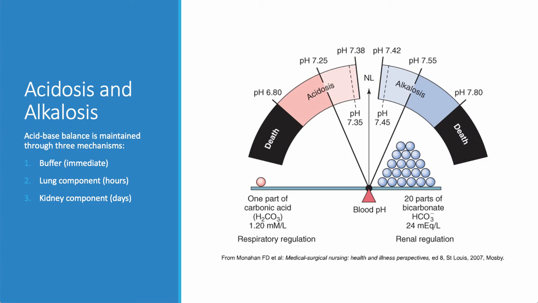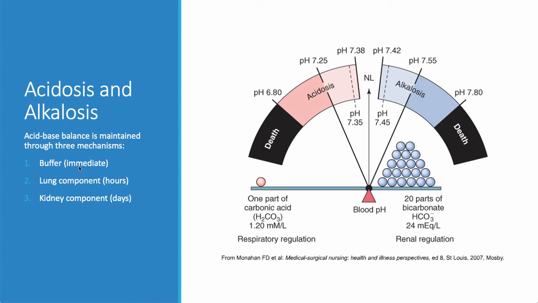So these are the things that your body relies on in order to maintain this acid-base balance. Now remember, there are buffers that float around in the bloodstream. Those are immediately available. So there's some carbonic acid and there's some bicarb that floats around in your bloodstream. Those are immediately available for your body to use to address acid or base discrepancies.